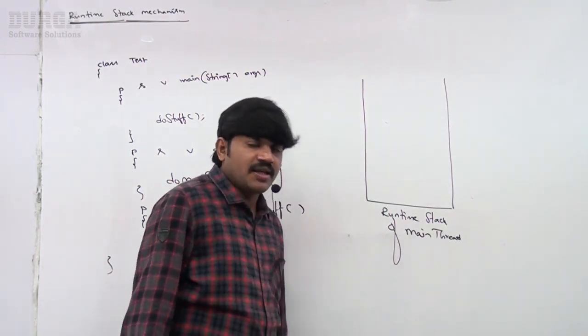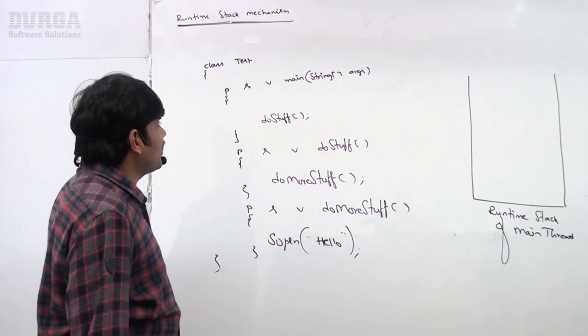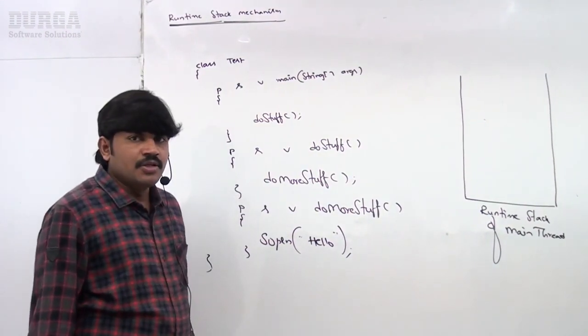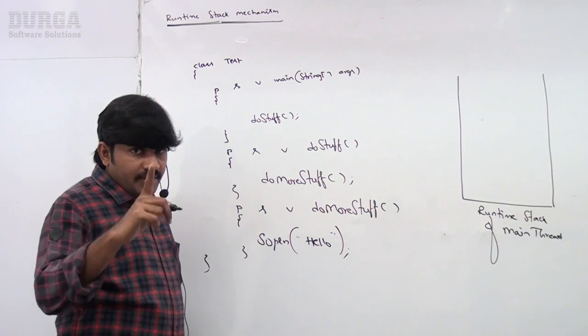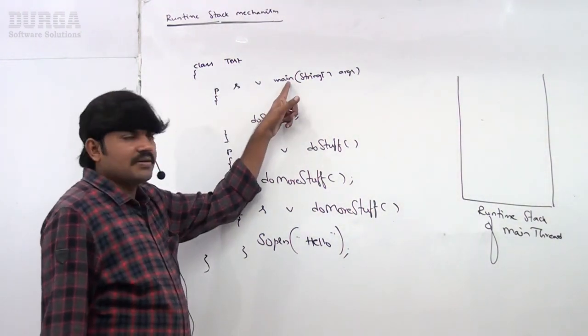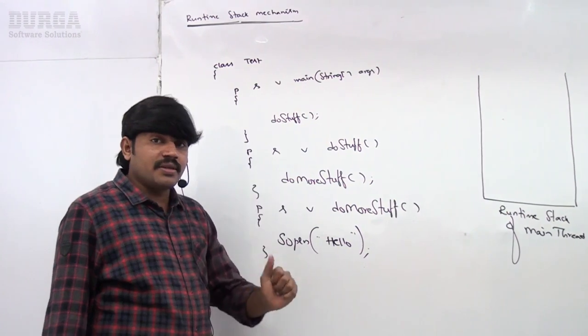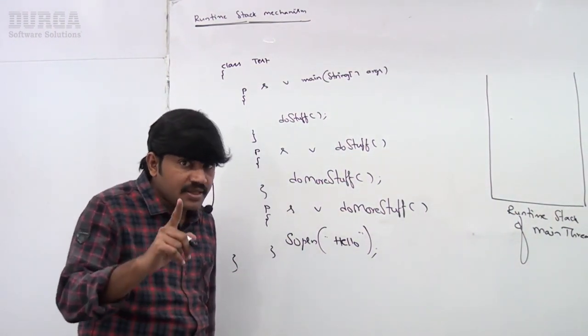Now, which method will be called by the main thread first? What is the first method executed by the main thread? The main thread is always responsible for calling the main method. Remember this. Which thread is going to execute the main method? The main thread.